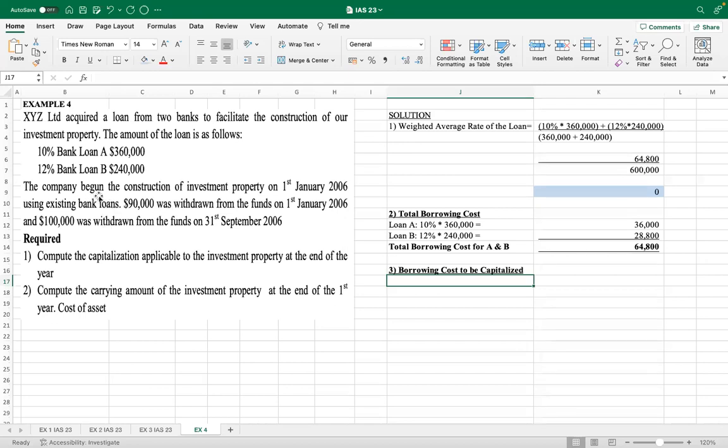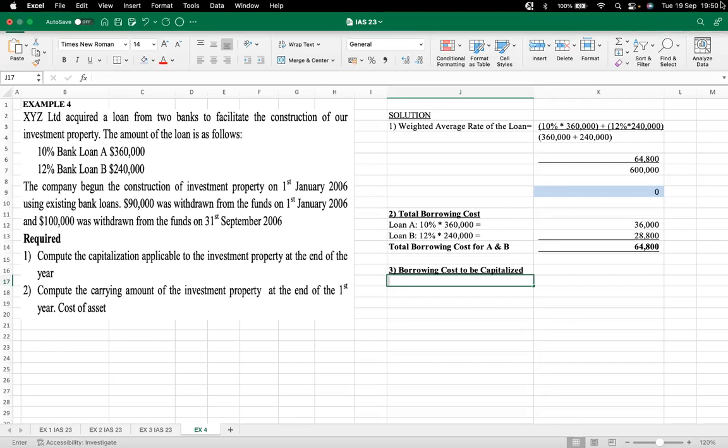The company began construction of investment property on 1st January 2006 using existing bank loans. 90,000 was withdrawn from the funds on 1st January and 100,000 was withdrawn from the funds on 31st December. So from 1st January, the amount withdrawn was 90,000.